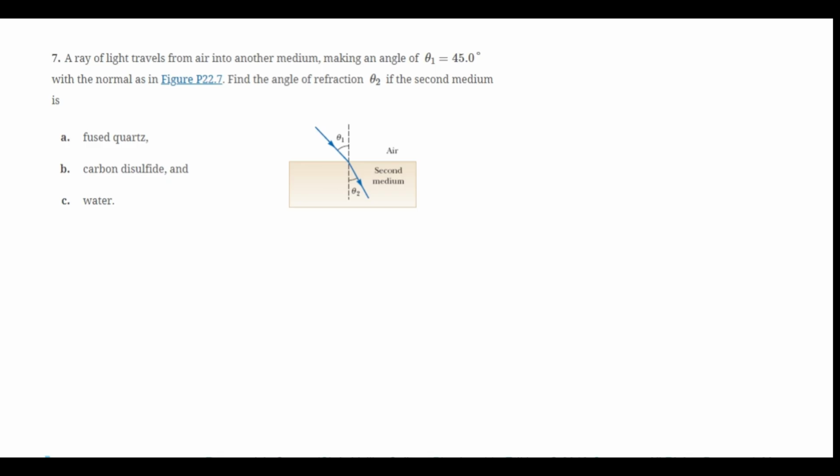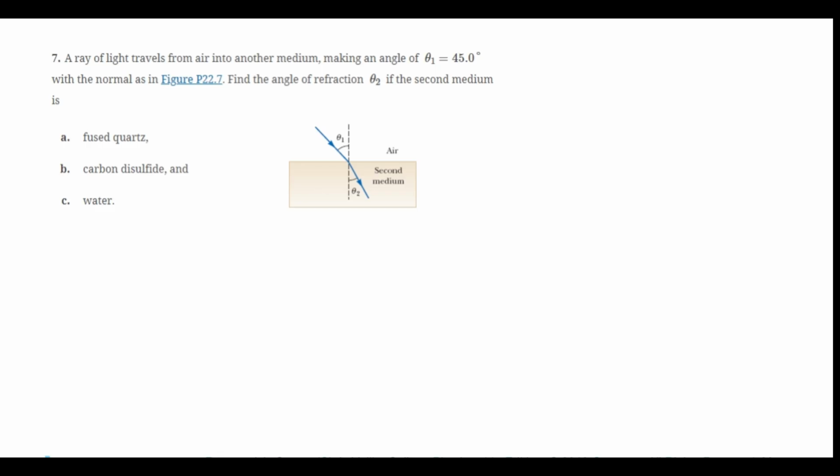So they use three different second mediums, and we must find the angle of refraction for each second medium.